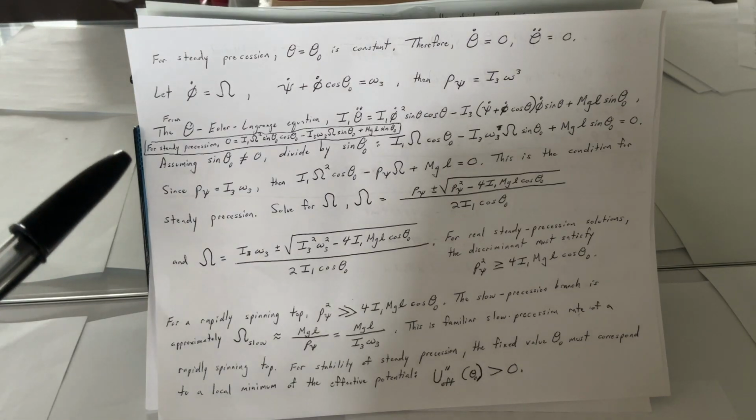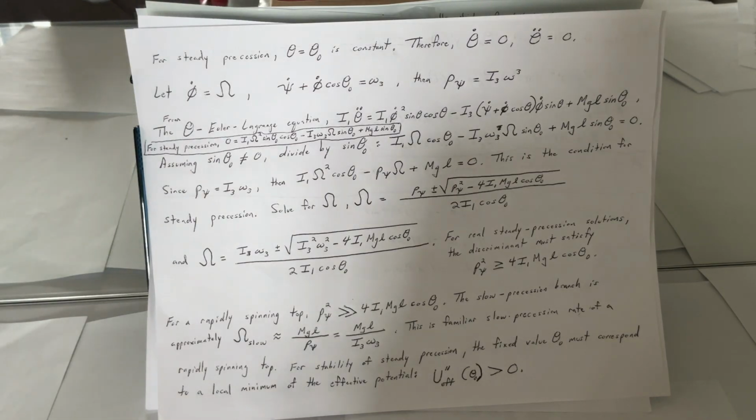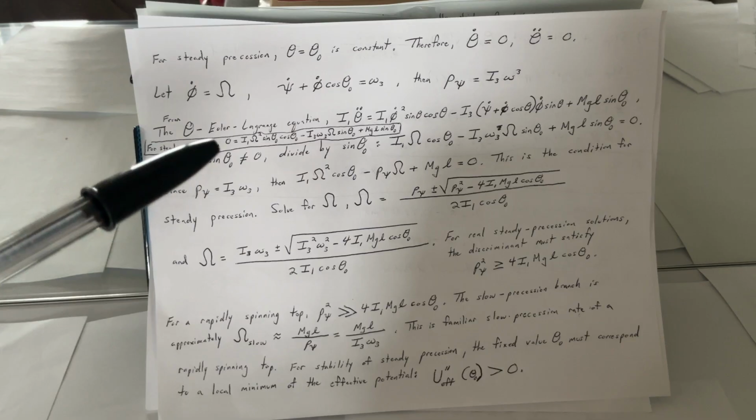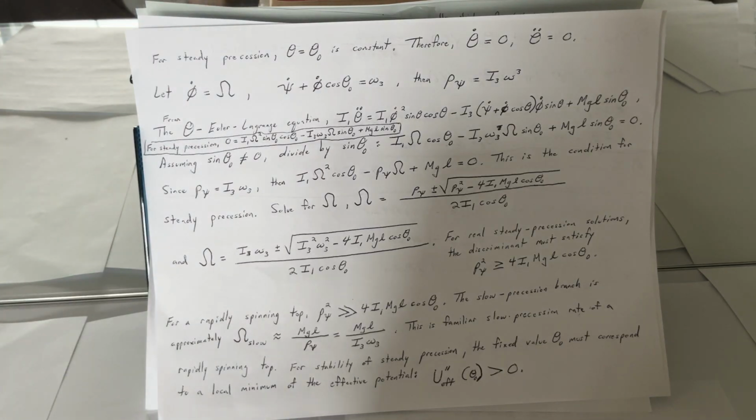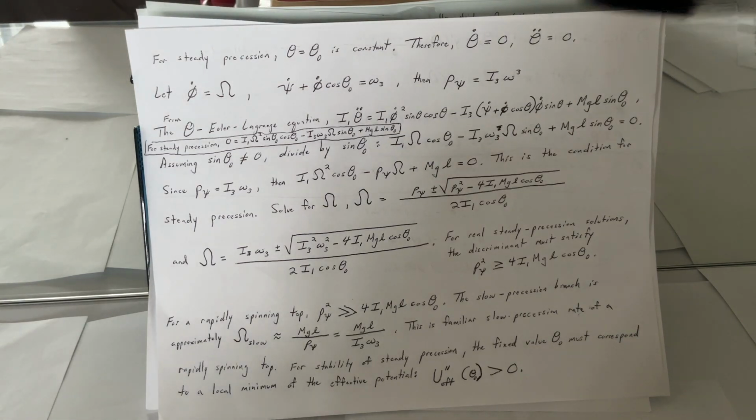And for the steady precession here, pardon the condensed version of this, 0 equals I sub 1 capital omega squared sine theta naught cosine theta naught, minus I sub 3 lowercase omega sub 3 capital omega sine theta naught, and then plus mgl sine theta naught in that box there.